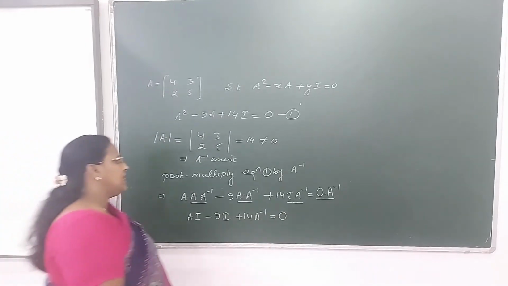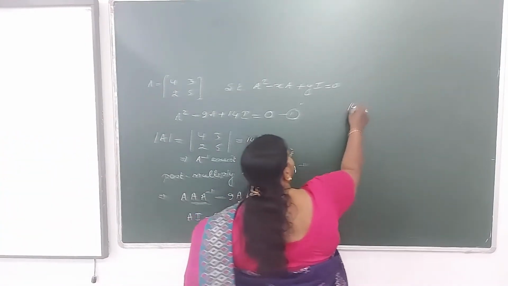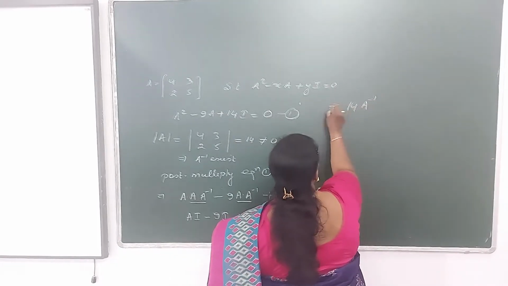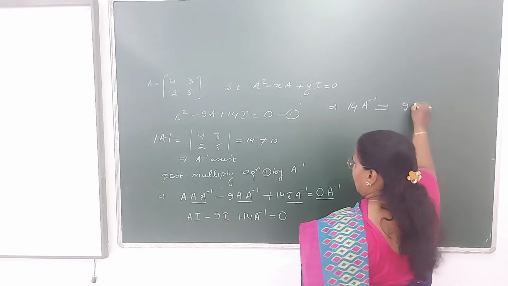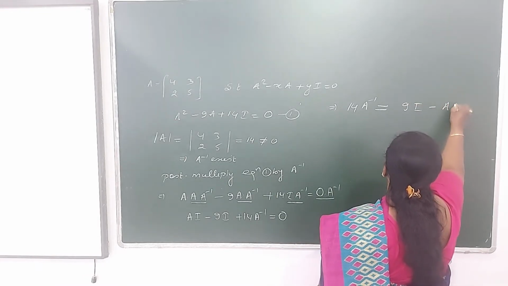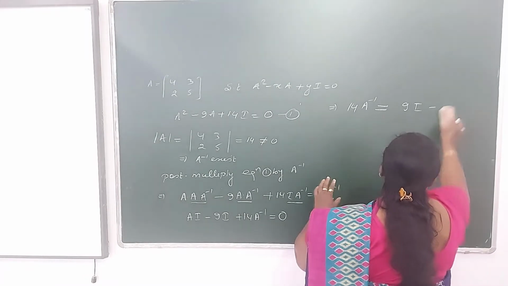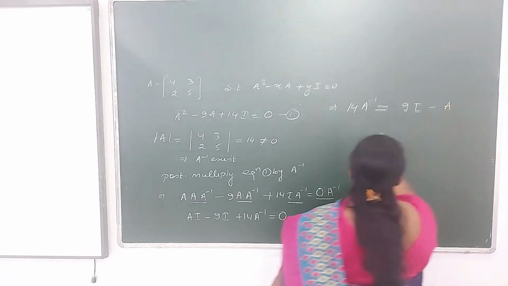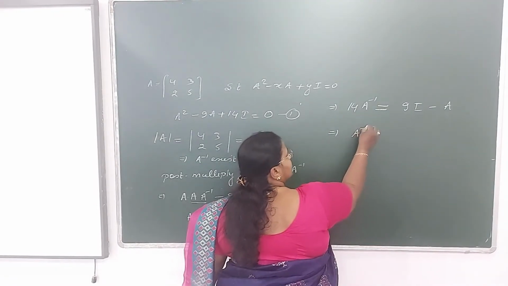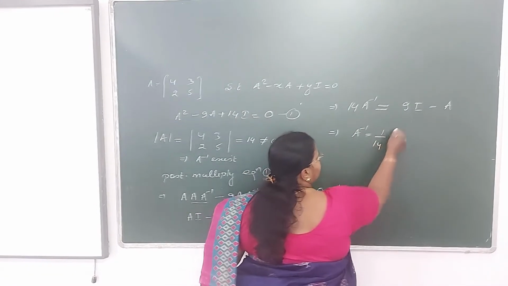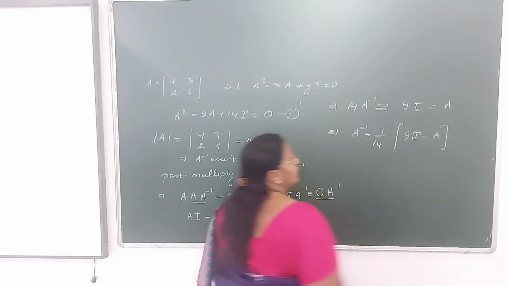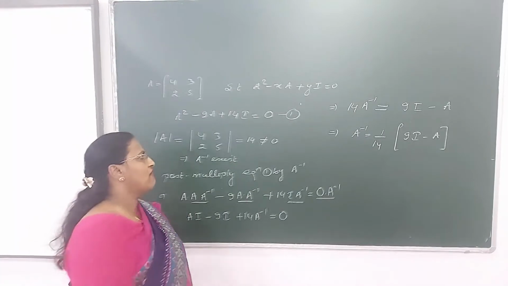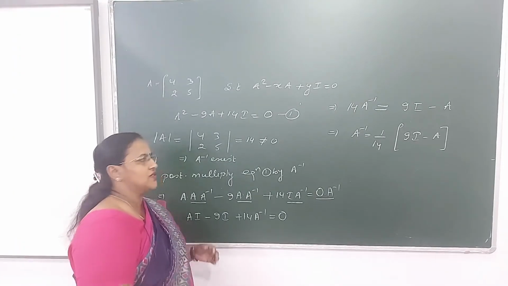Now let us rearrange it. So 14 times A inverse is equal to 9I minus A. Finally, A inverse is 1 by 14 times (9I minus A). Now this is the formula for A inverse for this particular question.